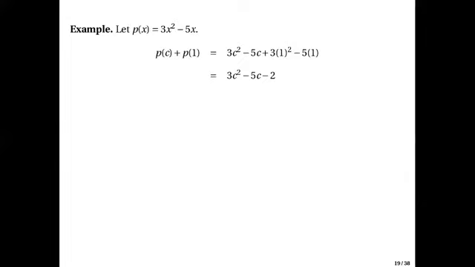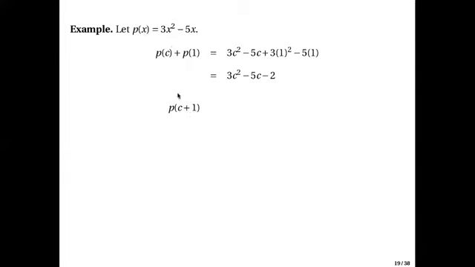Okay? This time, let's have P of c plus 1. So you get a c, add 1, and then you evaluate that in P. So you have P of c plus 1. Meaning, the x is replaced by c plus 1.